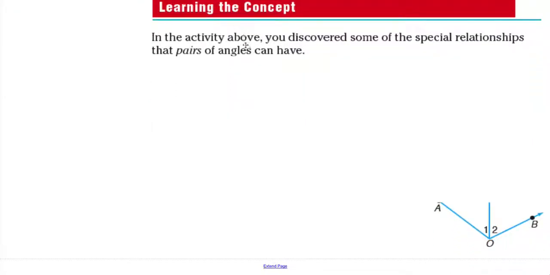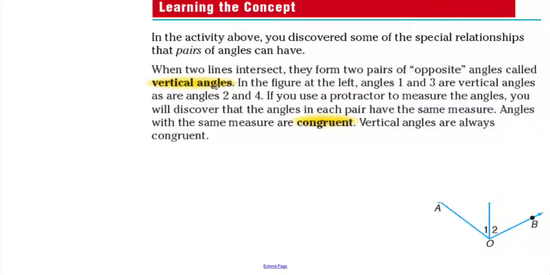In the activity above, you discovered some of the special relationships that pairs of angles have. Let's start with definitions. When two lines intersect, they form two pairs of opposite angles called vertical angles. In the figure at the left, angles 1 and 3 are vertical angles because they're opposite each other.